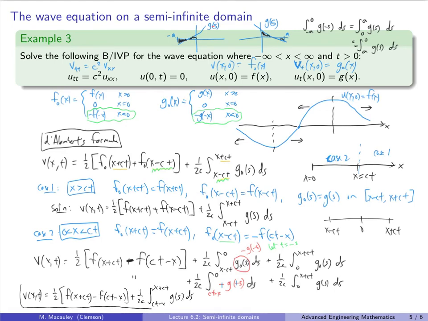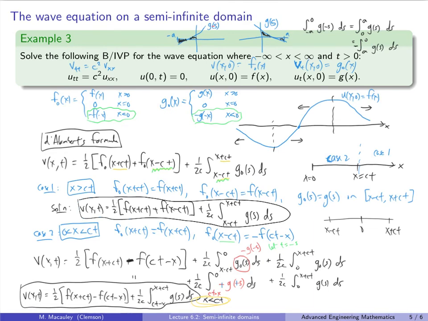So this is what we get when x is less than ct in our original equation. And this is what we get down here, almost the same, when x is bigger than ct.